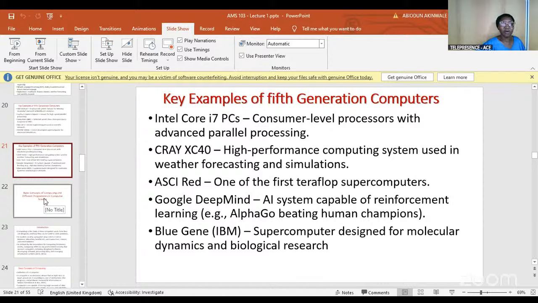Intel Core i7 PCs. So today you see different people carry different computers or laptops in their hands, but the core is different. So Core i7 is more powerful, in speed and all that, in comparison to lower cores, and then Cray XC40, ASCI Red, Google DeepMind, Blue Gene.